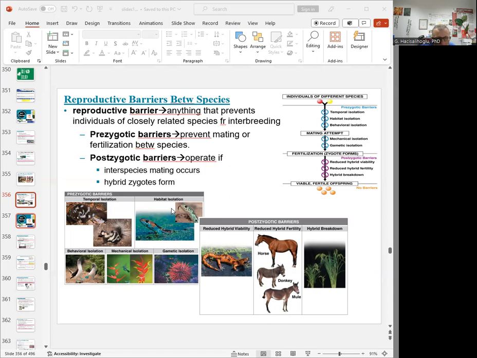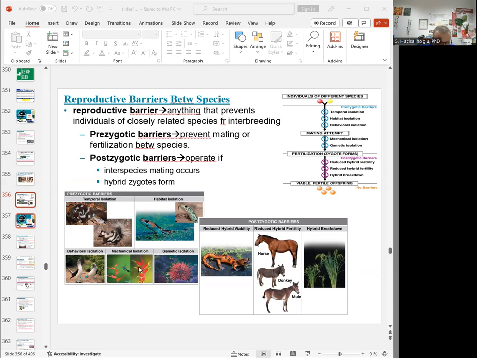So pre or post, and there are also barriers like habitat isolation, which is prezygotic, as you can see here: land snakes versus water snakes. Or temporal isolation, where the mating times of the year are different. Or mechanical isolation, like you see here with snails that coil to the left side or the right side.